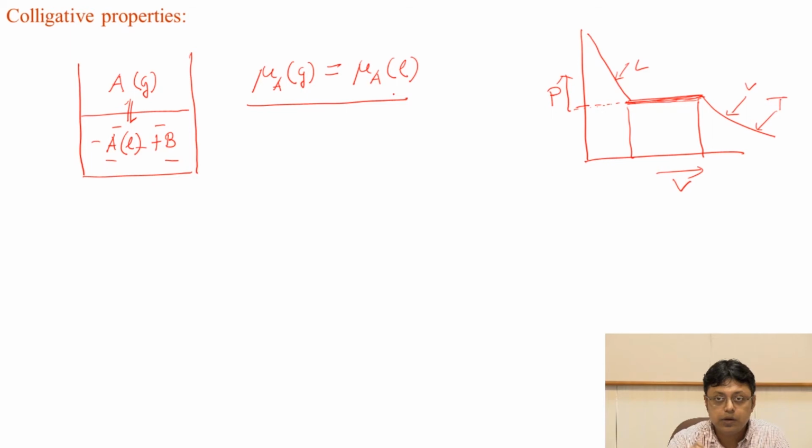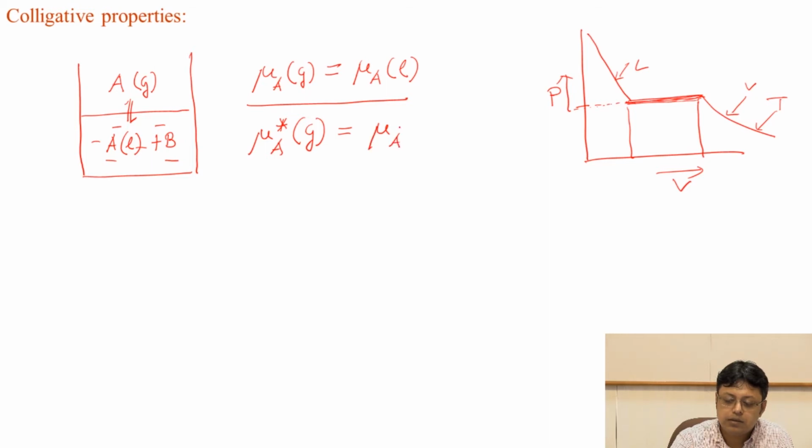However, the mu A of the liquid will not be the mu A of the pure liquid, because now mu A has to be replaced for the liquid state by the partial quantities. But for the gas, or the vapor phase, it is still mu A star, the pure form, because in the gas phase there is no B, because the salt we added does not come into the gas phase.